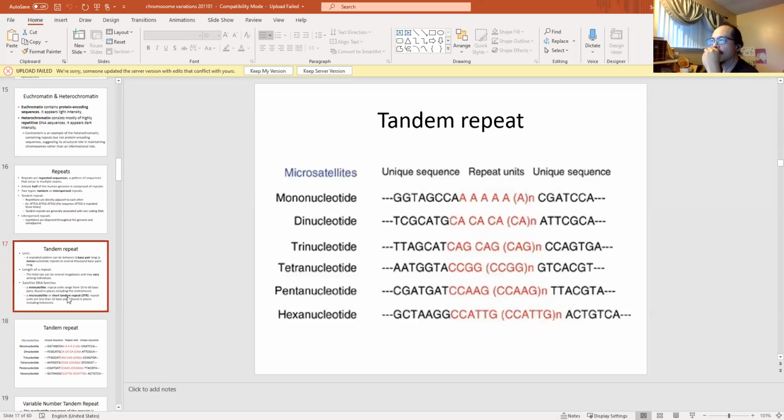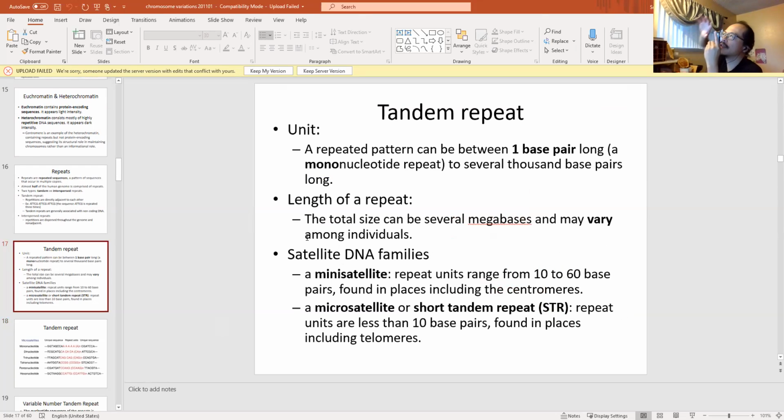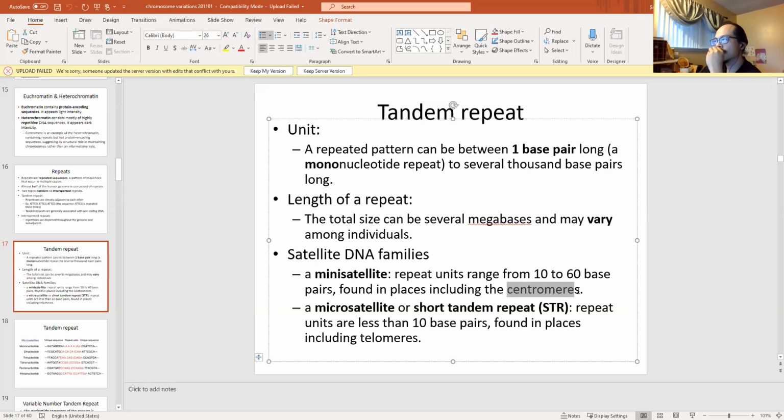Another thing is that these repeats, all together in that region, are called satellite DNA. If the repeat units range from 10 to 60 base pairs, this satellite is called a minisatellite. These minisatellites are commonly seen in the centromere.